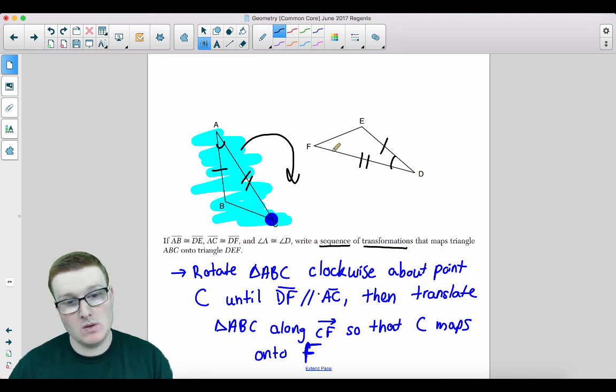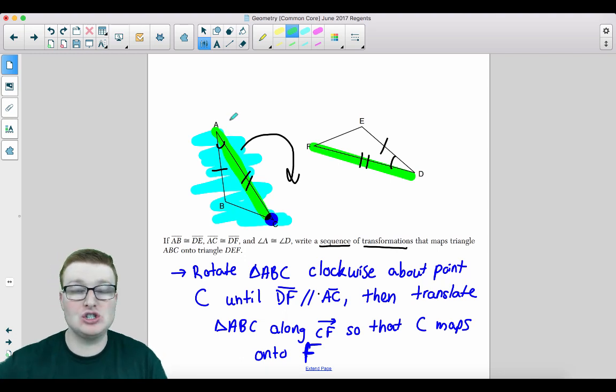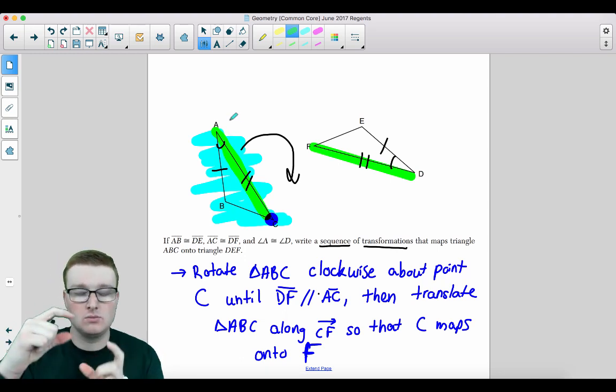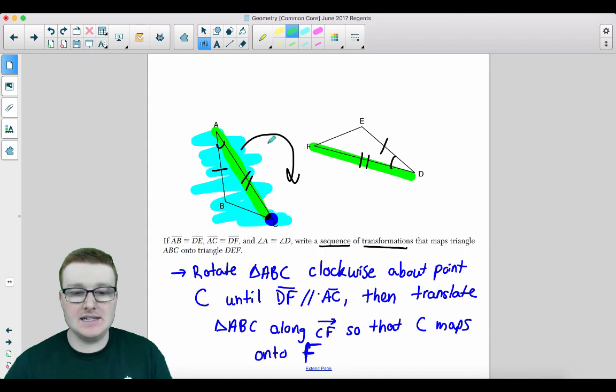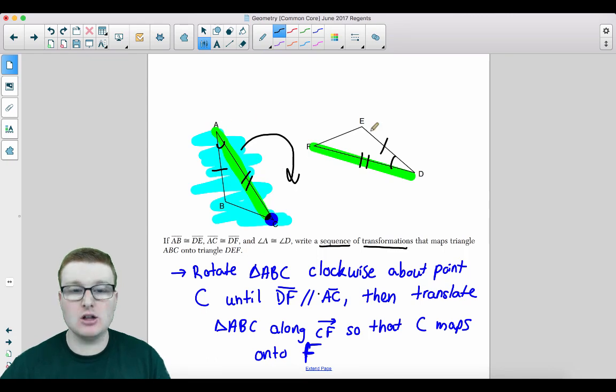In other words, we want this line over here to be parallel to this line over here. So spin it around, and we want DF to be parallel to AC. Then after that, we want to translate this triangle onto this triangle along ray CF, which is here.